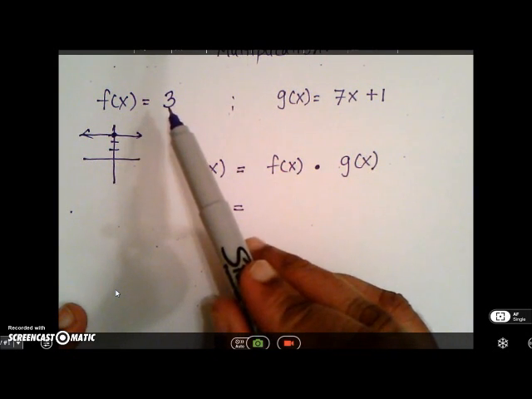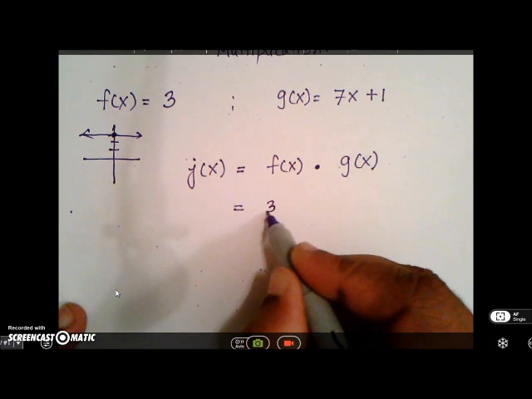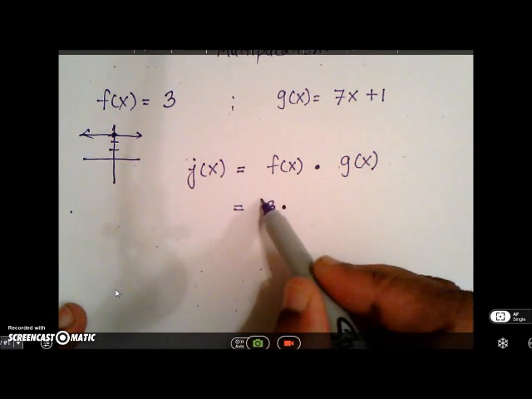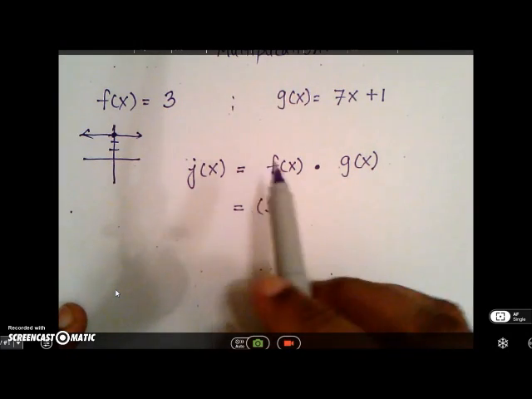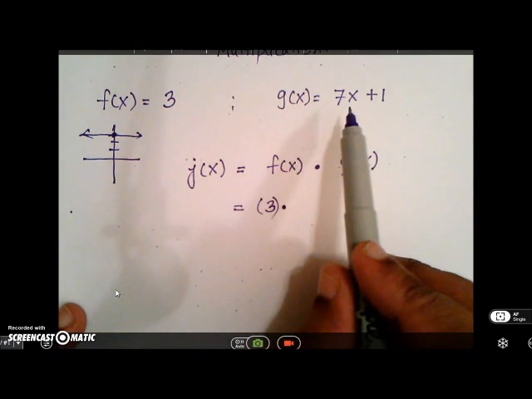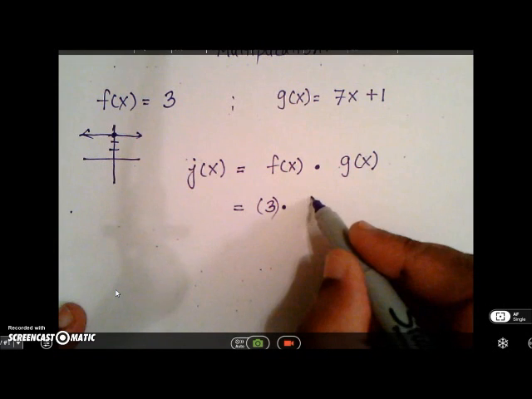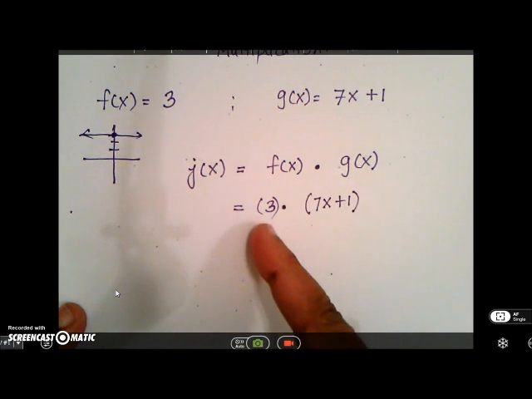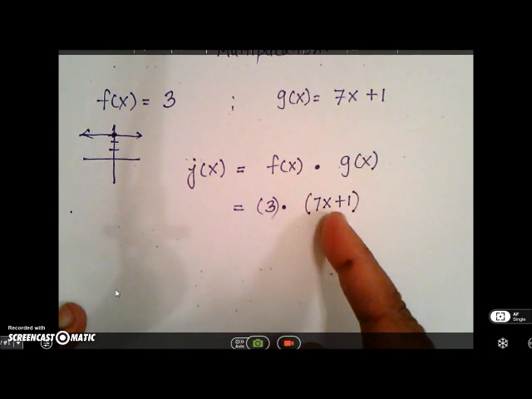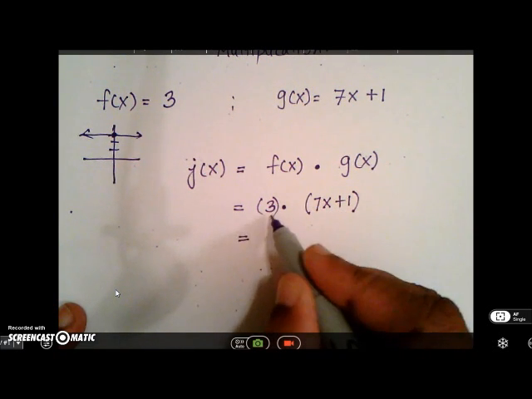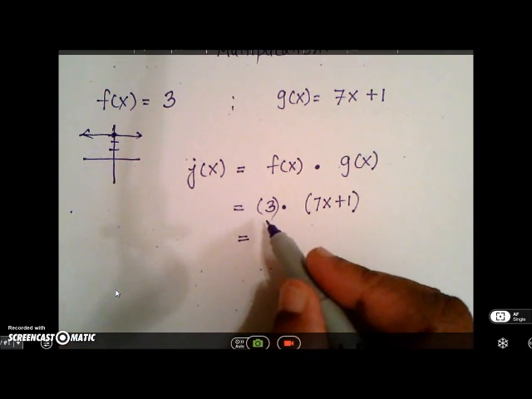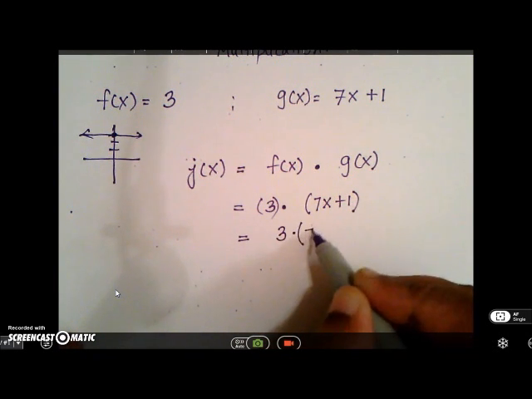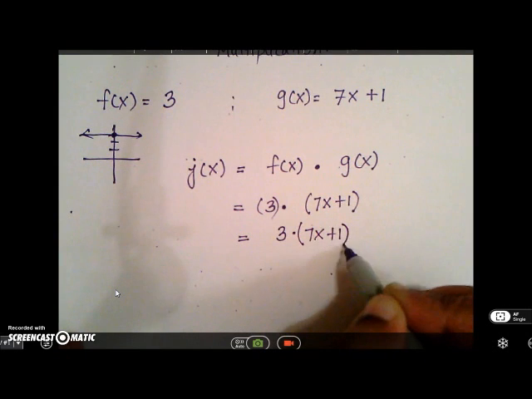I know f of x is 3 times my g of x, which is 7x plus 1. So there is no point in putting the parentheses for just one number. I'm going to say it is 3 times 7x plus 1.